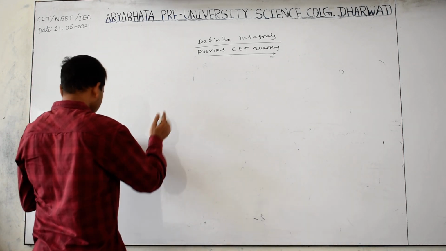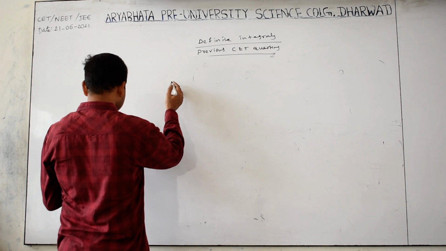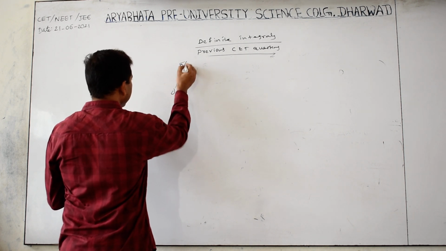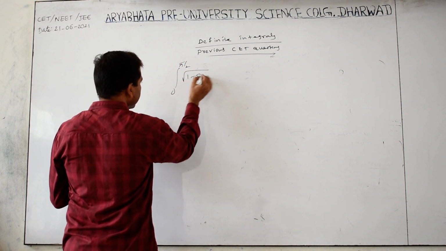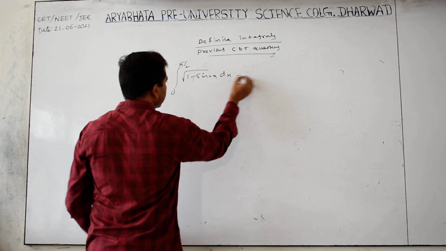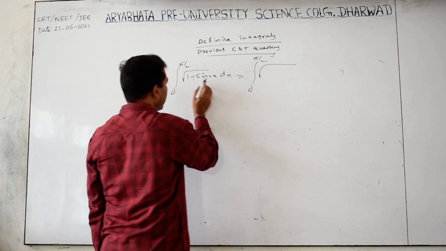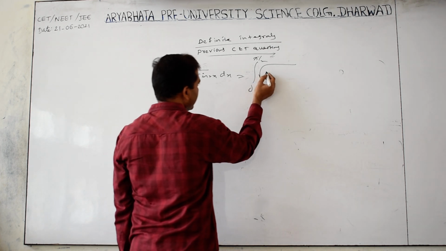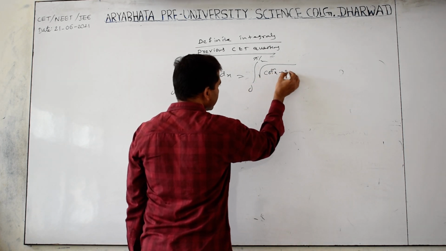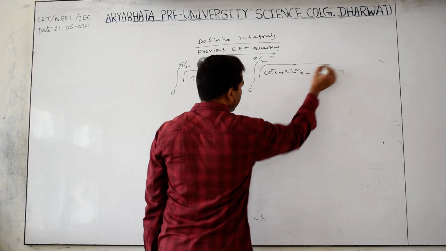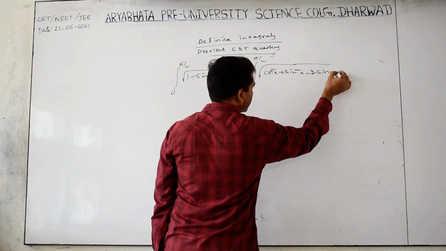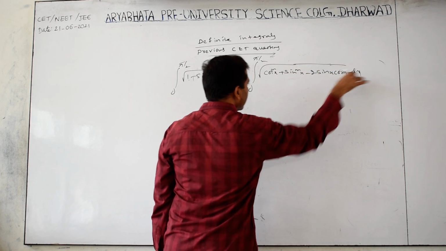Next one is integration of 0 to pi by 2 of root of 1 minus sin 2x dx. 0 to pi by 2, this we can write as 1 minus sin 2x. 1 you can write as cos square x plus sin square x, and sin 2x is 2 sin x into cos x, right?